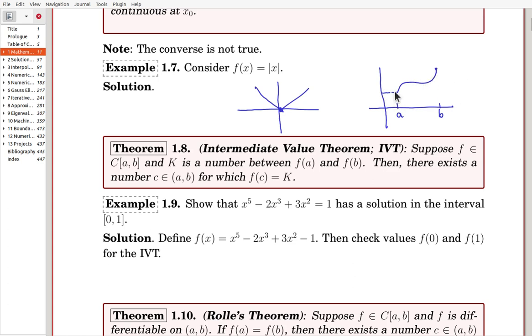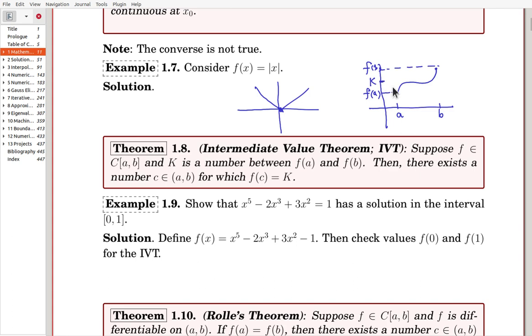That is f of A, and that is f of B. If we choose any value k between f of A and f of B, then there is a point C between A and B such that at C the function value is k.